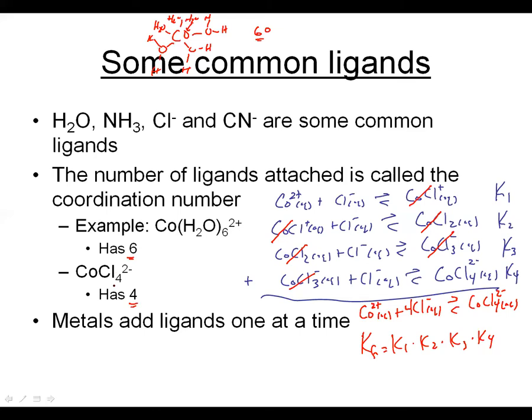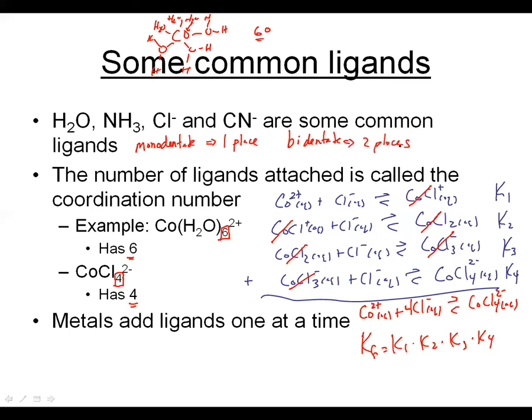Sometimes, though, people think the coordination number will always be this number, and it won't. There are ligands which are known as being monodentate, as we'll talk about, which means they attach in one place. There are some that are referred to as being bidentate, which means they attach in 2 places.